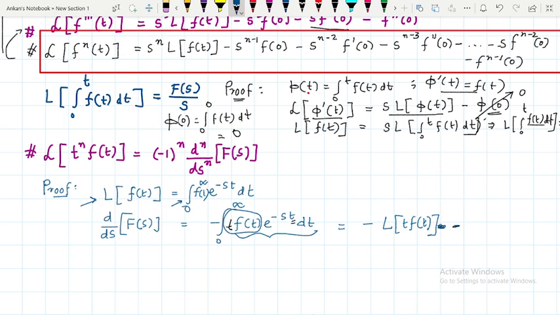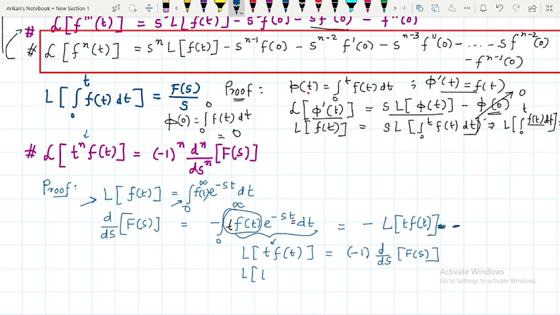Okay, so the Laplace transformation of t f(t) is minus 1 times d/ds of F(s). This is for t to the power 1: minus 1 to the power 1, d^1 by ds^1 of F(s).